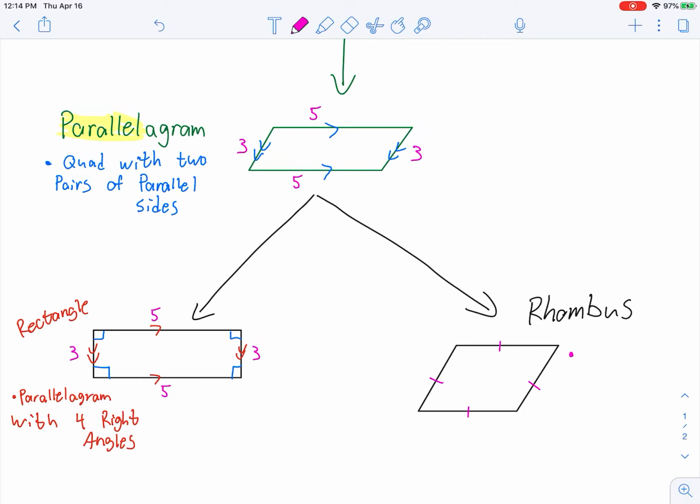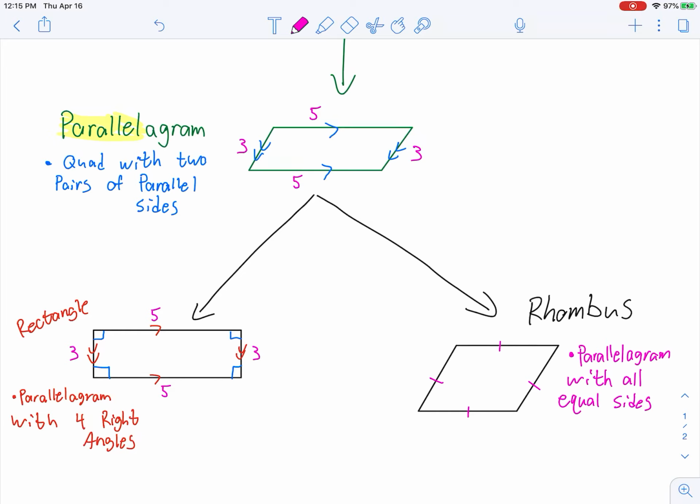Our big thing about a rhombus: it is a parallelogram with all equal sides, or congruent sides if you want to be particular.